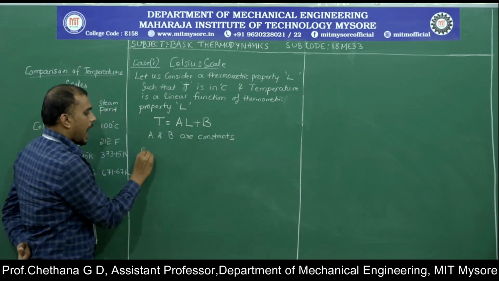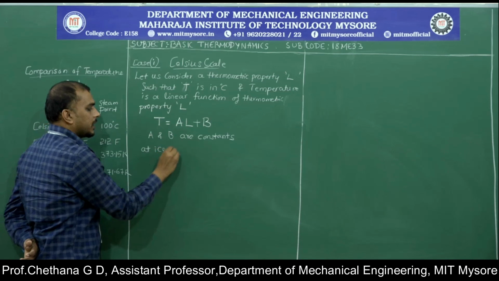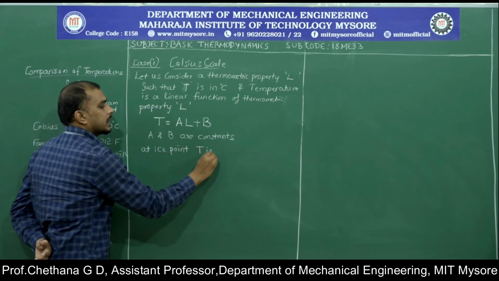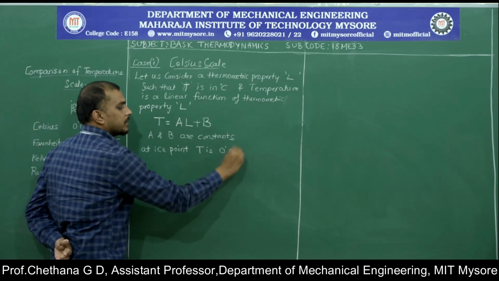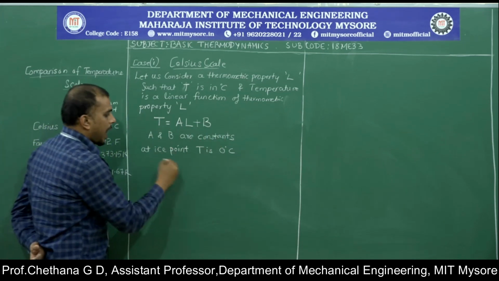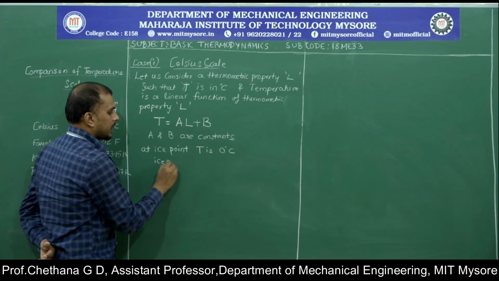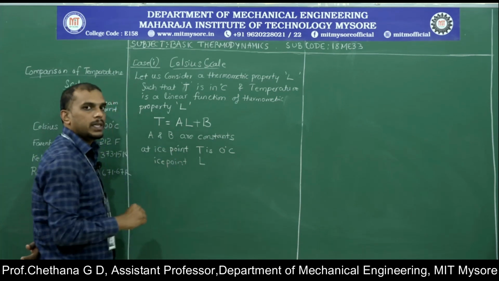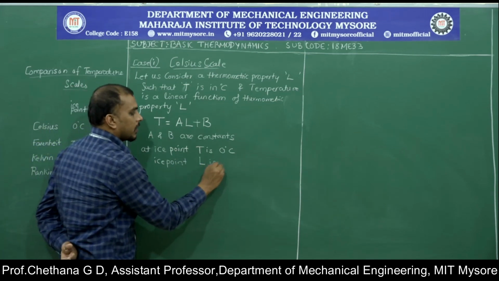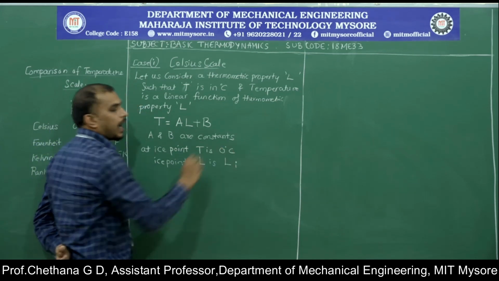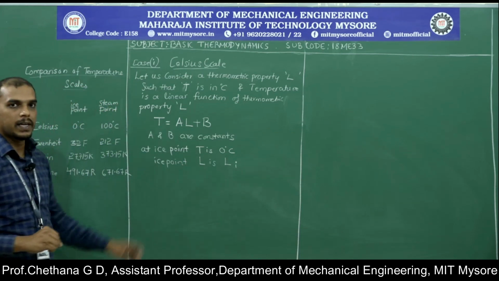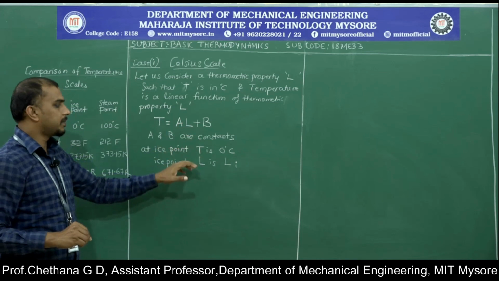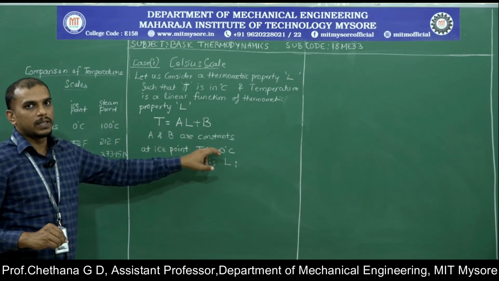Now, at the ice point, we know the temperature is 0, and at the ice point our thermometric property we denote as L suffix i. That means if you keep the thermometer at the ice point, the temperature will read 0 degree centigrade.